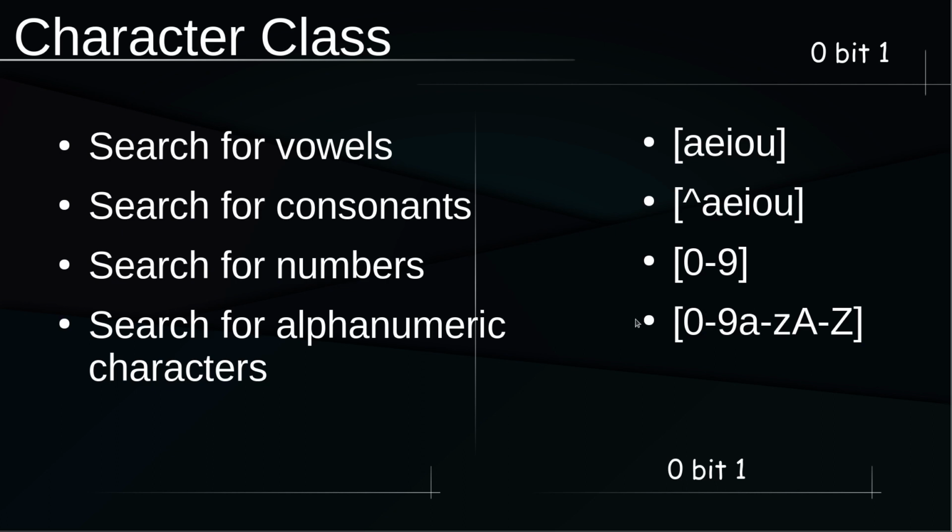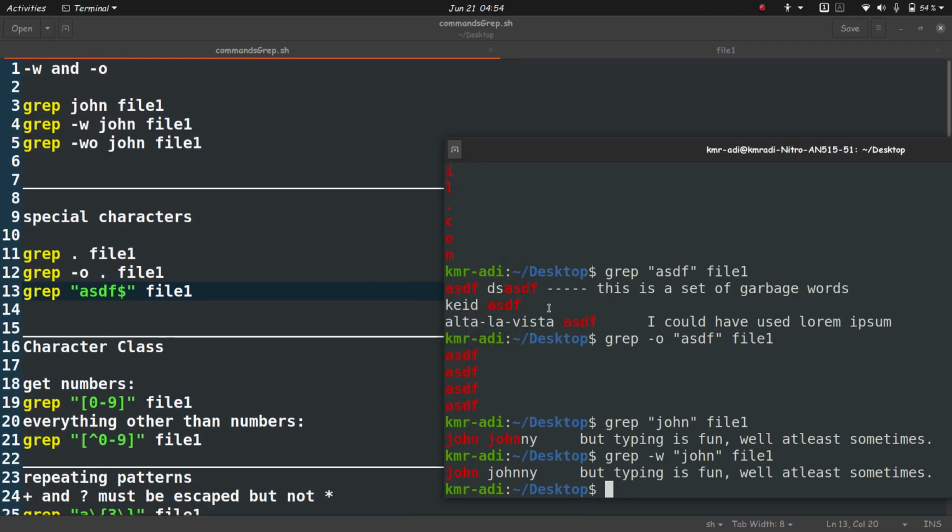Similarly, if you want to search for alphanumeric characters, the pattern will be 0-9, then a-z, then capital A-Z. Remember not to give a space in between, or else space will also be considered a match. So let's see some examples.